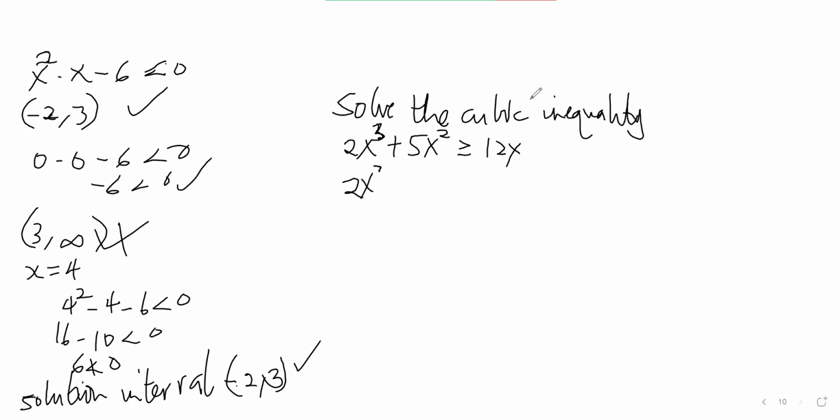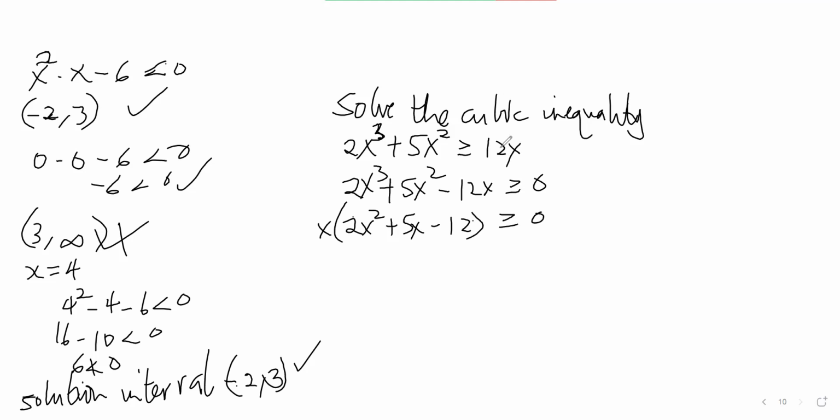Just do what we have done. Rewrite it. Bring 12x on this side, greater than or equal to 0. Then you factorize by removing x out of the bracket. X is common. So what you're left with inside here is a quadratic which you can factorize.